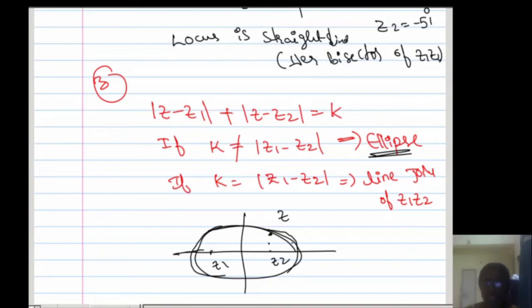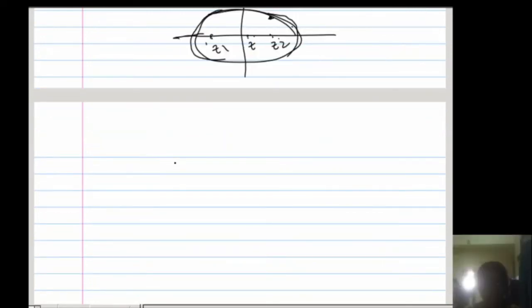What I am telling is, suppose the distance mod z minus z1 plus mod z minus z2 is equal to mod z1 minus z2. When is that possible, tell me now. Here if z lies somewhere here, then mod z minus z1 plus mod z minus z2 is equal to mod z1 minus z2.